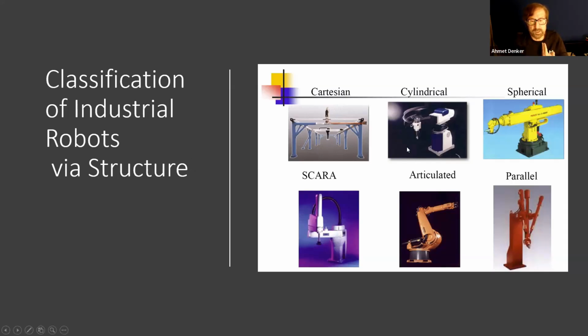If it is working in a cylindrical workspace, it's called cylindrical. A spherical robot. SCARA types of robot. This SCARA type robot is also a cylindrical robot. Articulated robot. This articulated robot is also a spherical type of robot. Or a parallel. Now we are going to look closer at these.